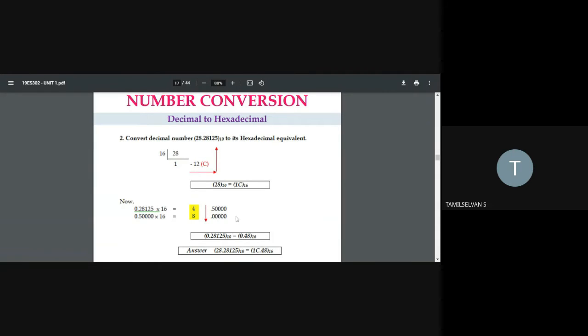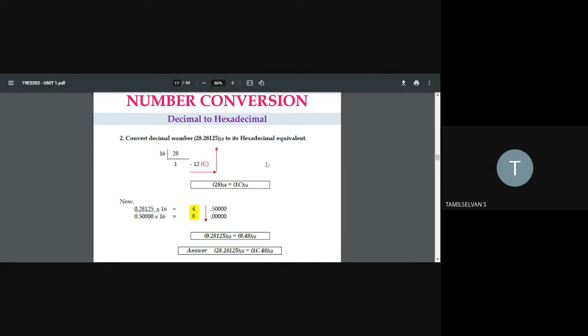In this step also all zeros arise, so I can stop. The final answer is 1C.48 to the base 16, the equivalent hexadecimal value for the decimal value 28.28125 to the base 10.